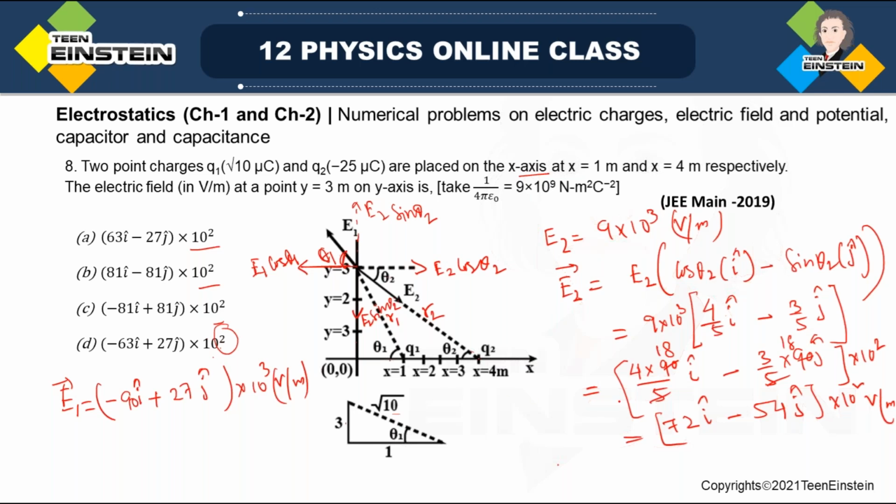Okay, let us do up to the end and then see what happens. 90 and this 27, three by 4 is tan theta.